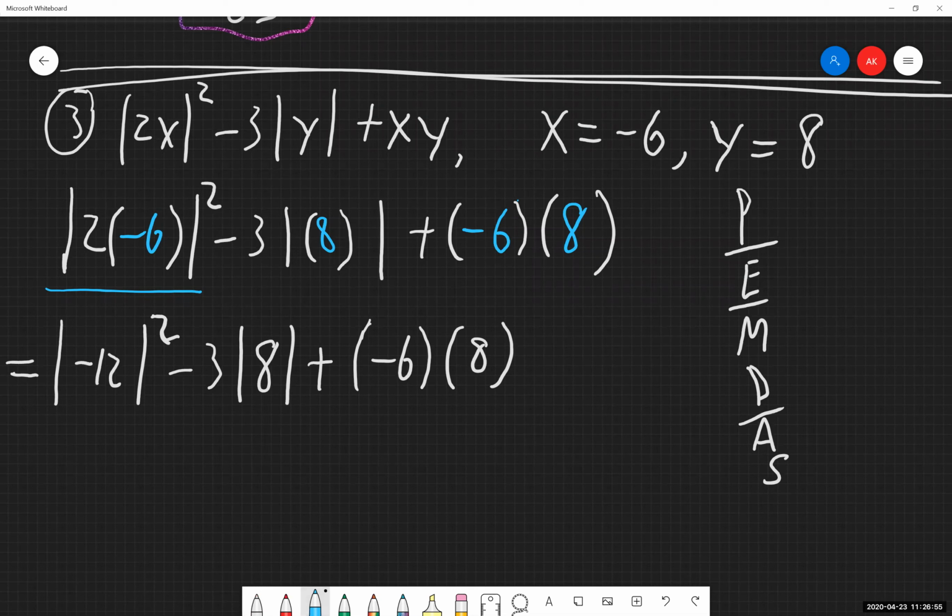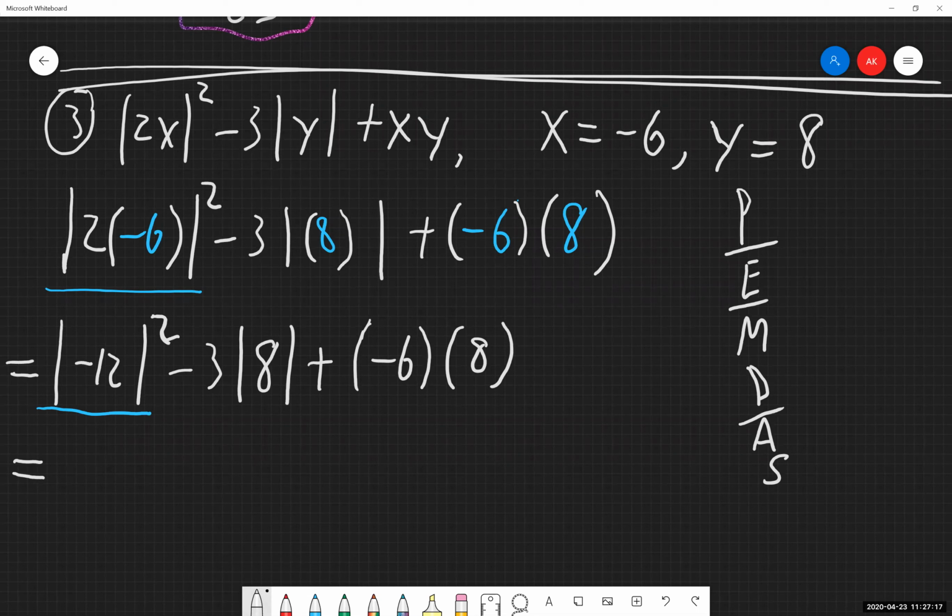Looking at my first set, the absolute value of -12, I can now apply the absolute value property because the only thing left inside the absolute value signs is a single value. There are no other operations going on inside there. So when I do that, what is the absolute value of negative 12?